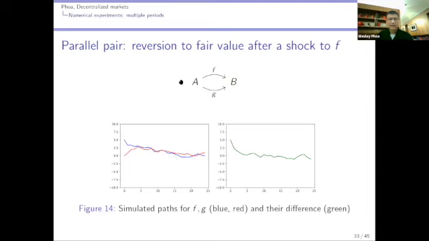And if you start out with some shock to one arrow versus the other, F is a very different exchange ratio from G, then what you see is that they move towards each other as arbitrage dissipates on average, and also they both move towards fair value. But you can already see here there's a big problem with weight degeneracy. I simulated 10,000 paths here, but only one of them has enough weight to even show up on the left-hand chart.